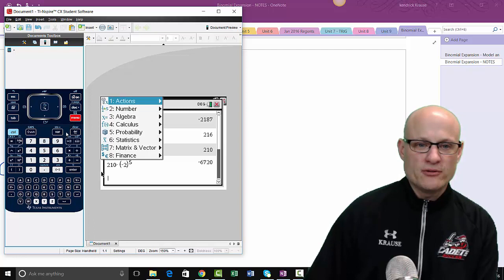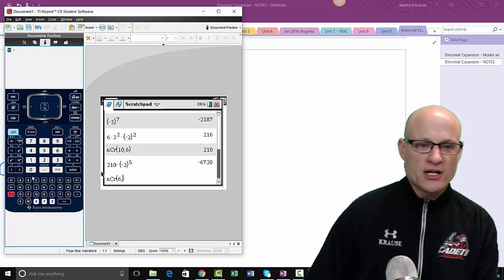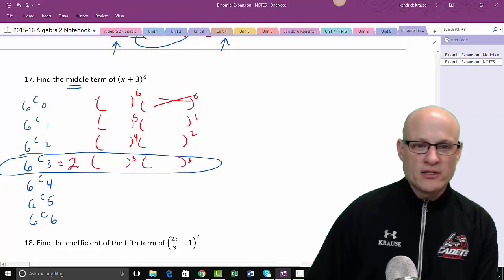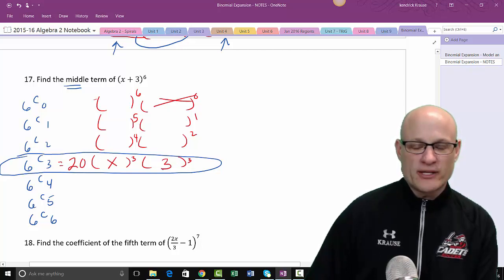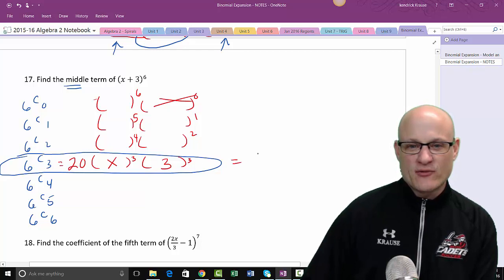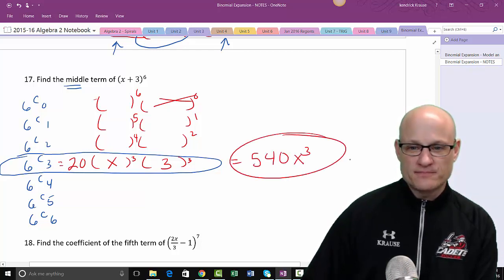So menu, 5, 3, 6, 3, 20. So this is 20. In the first one goes x. In the second one goes 3. So I'm going to type in 20, 3 cubed is 27. 27 times 20 is 540 x cubed. There it is.